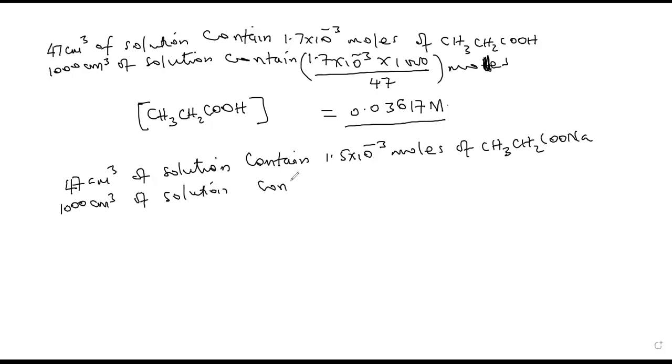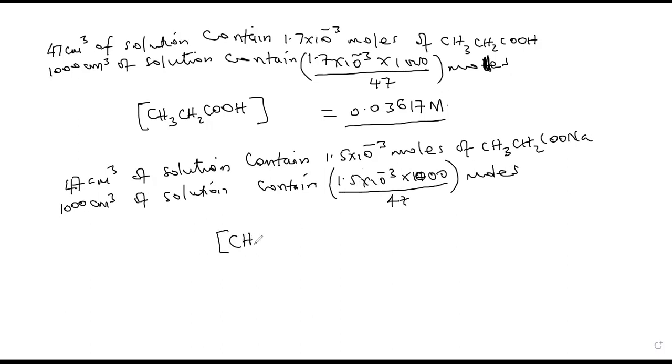It will be containing 1.5 times 10 to the power negative 3 times 1,000 out of 47 moles. And this will give us the concentration of sodium propanoate as, when you compute this, 0.031915 molar.